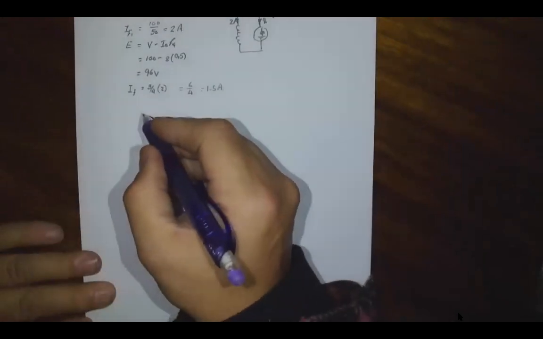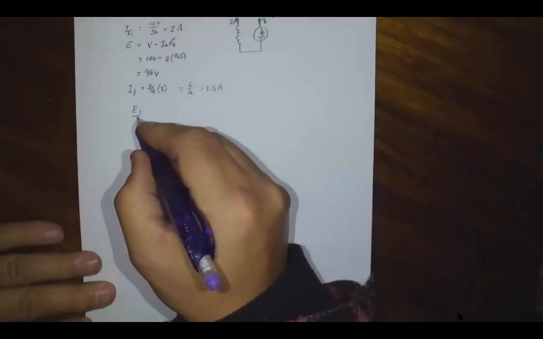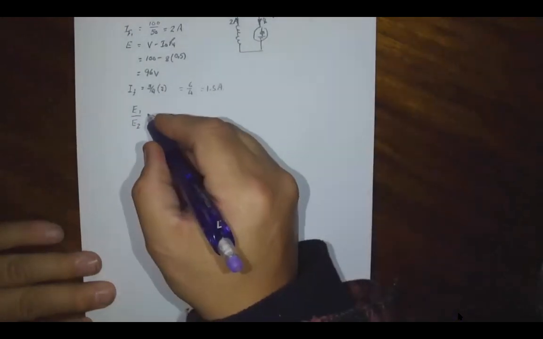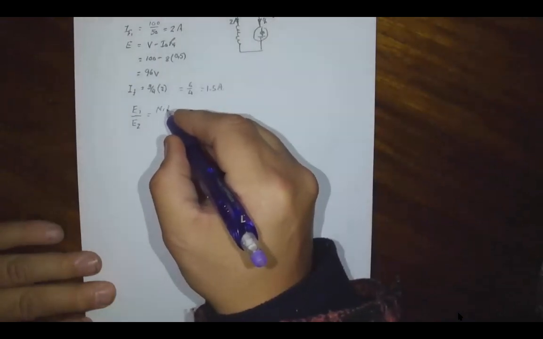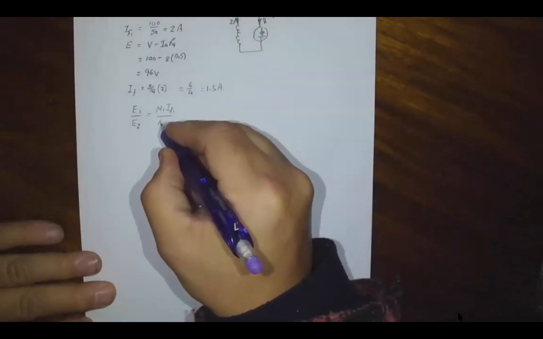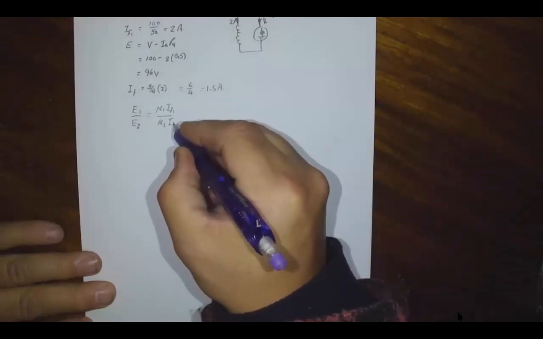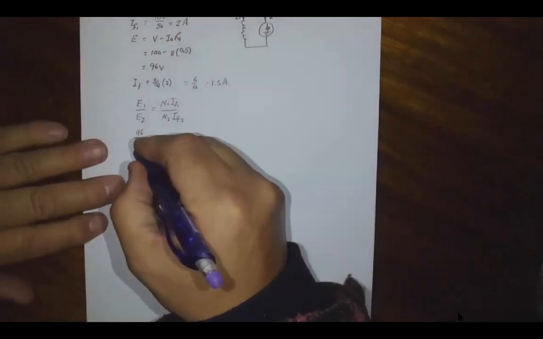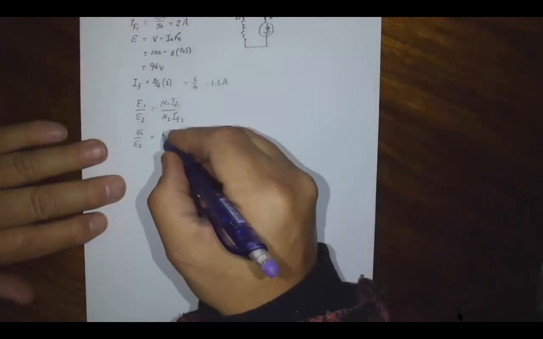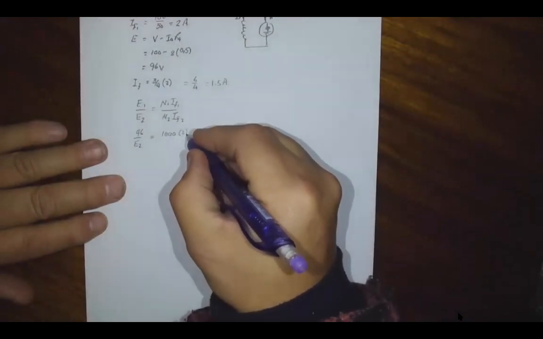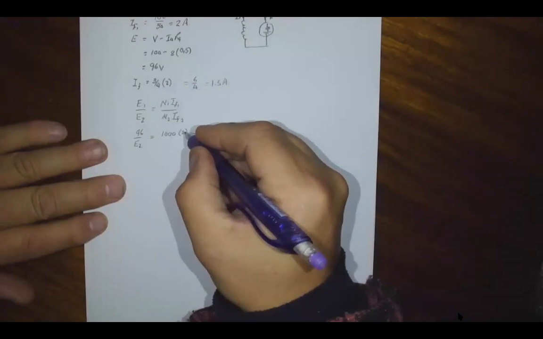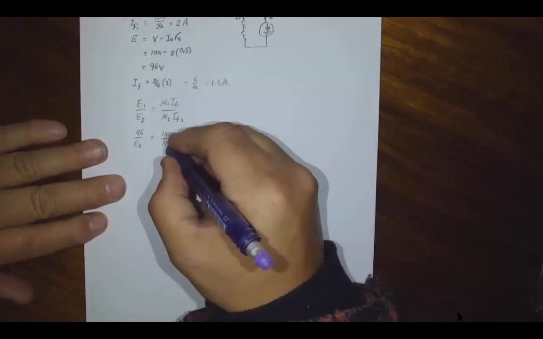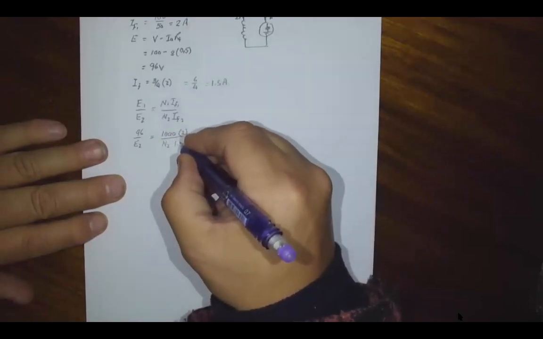All right, so E1 over E2, so there we have that. So 96 over E2 is 1,000 times 2, and then we've got N2 and 1.5.